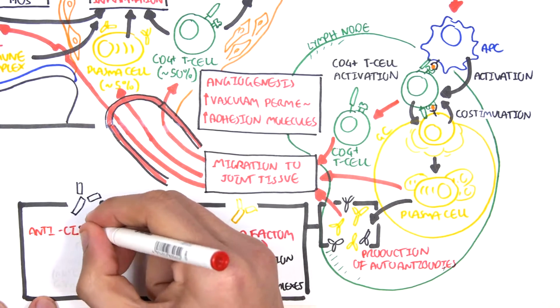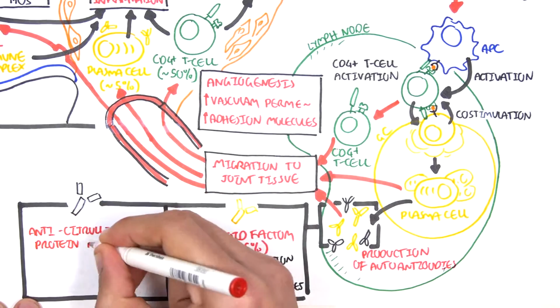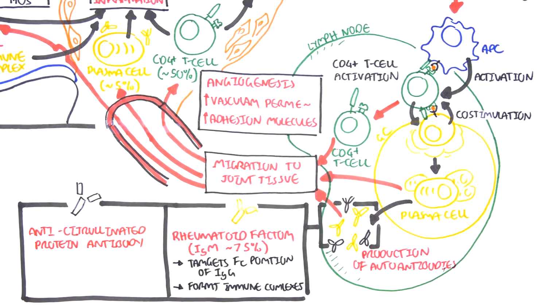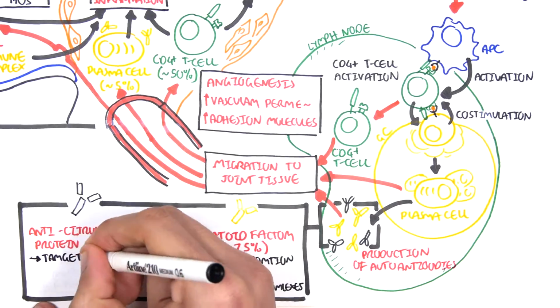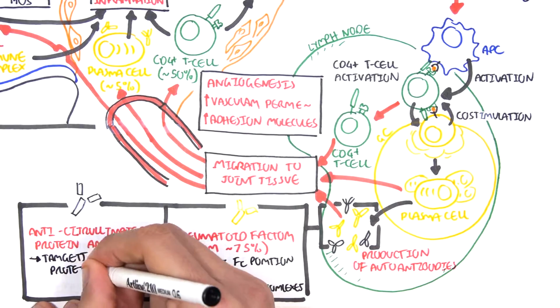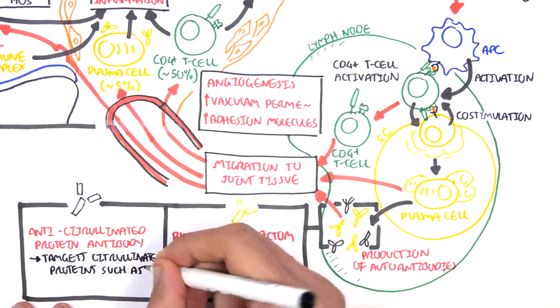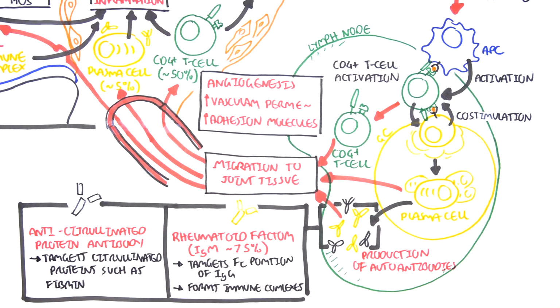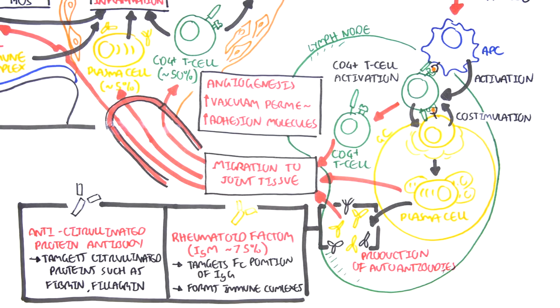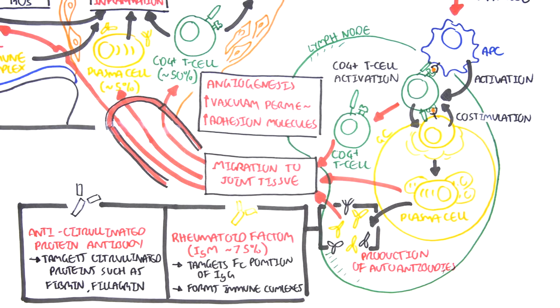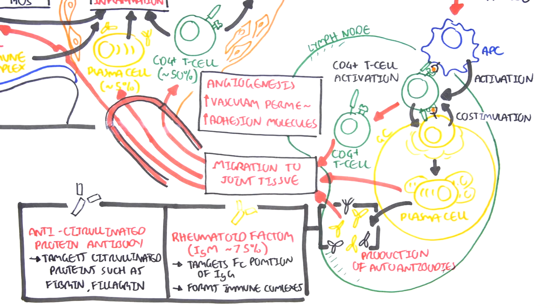The second antibody is the anti-citrulline protein antibody. Now, as the name suggests, these target citrulline proteins. These are things such as fibrin and filaggrin. What are citrulline proteins? Well, citrulline proteins are essentially proteins whose arginine residues have been converted to citrulline.